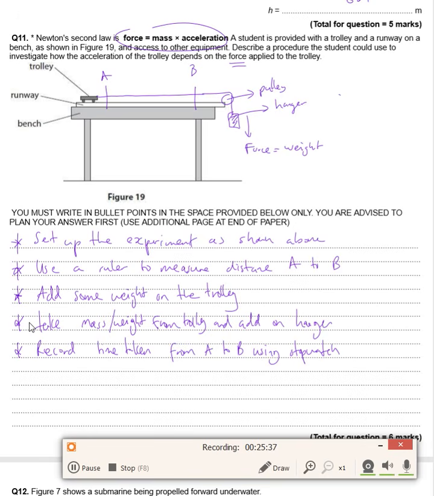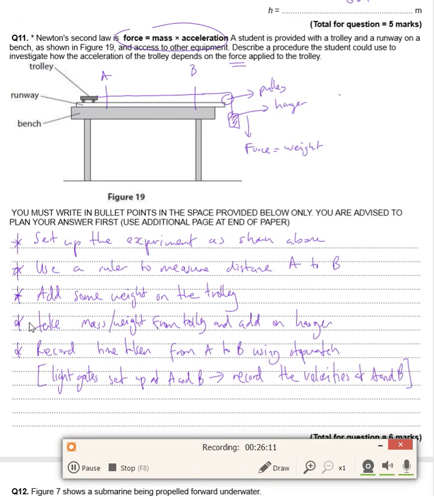Right. Now what we can also do is we can also do the following. Okay, so instead of using a stopwatch, what we can do is we can have light gates set up as A and B, and this will record the velocities.